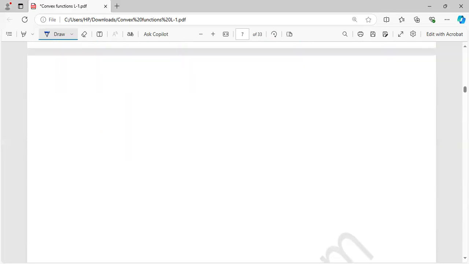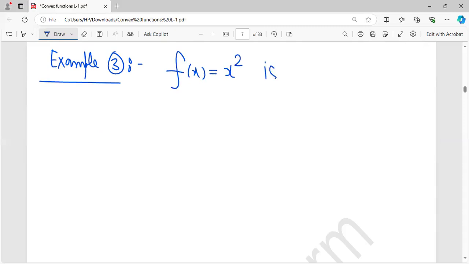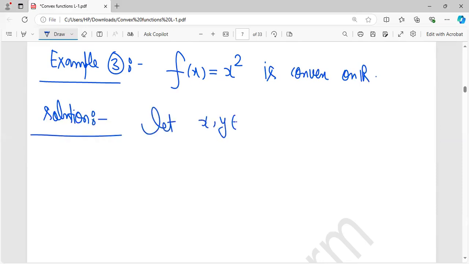Now third example. Example 3. f(x) = x square is convex on R. Okay. Solution. Let x, y belong to R, x not equal to y, and lambda in this range.